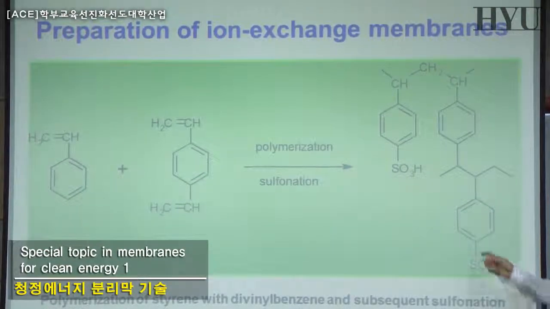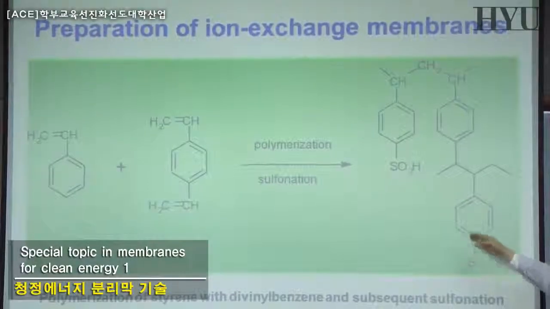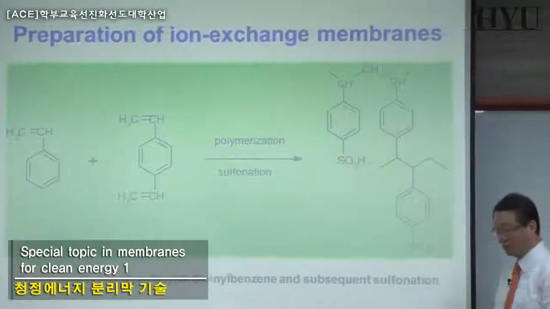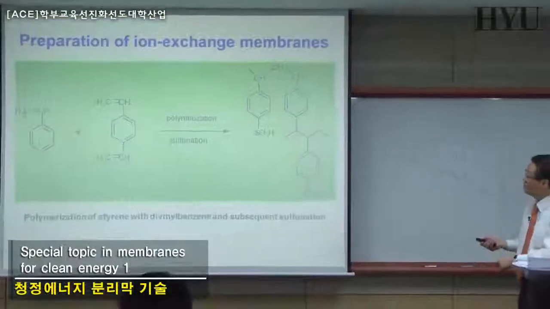because the sulfonic acid is directed to the ortho and para positions. So sulfonic acid can go only ortho or para on this benzene ring structure. And by controlling the time and temperature, you can direct it specifically to the para position.